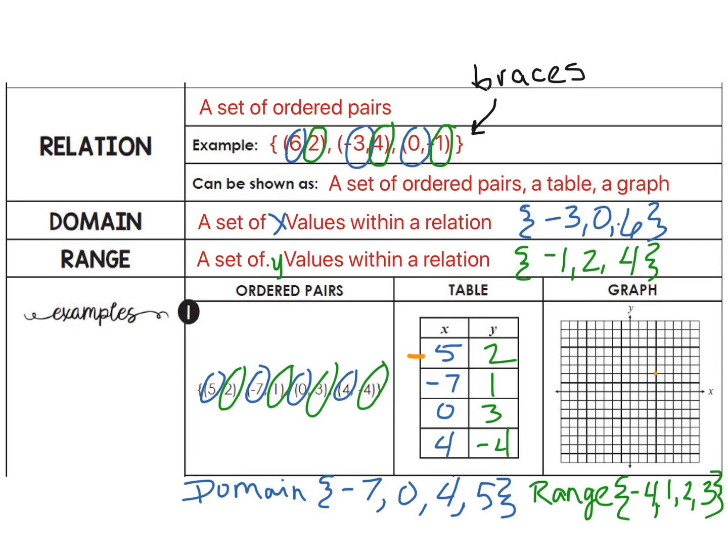I want you to pause the video and practice plotting the next 3 points. All right, if you take a look at where I plotted my 4 points, you might be slightly off. I know that these graphs are a little small, but as long as you're getting pretty close for what you can see, then you know that you're doing it correctly.